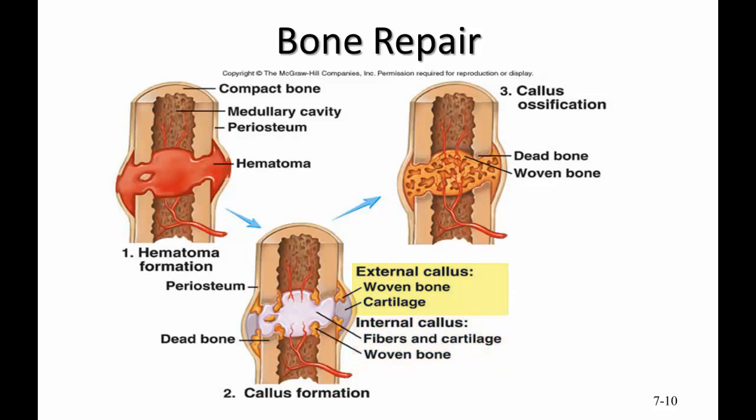And then eventually that cartilage ossifies. And then we're going to start to remodel that bone, that ossified cartilage. And again, it's the job of the osteoclasts to come in and help with remodeling.